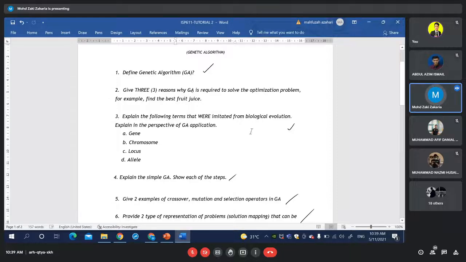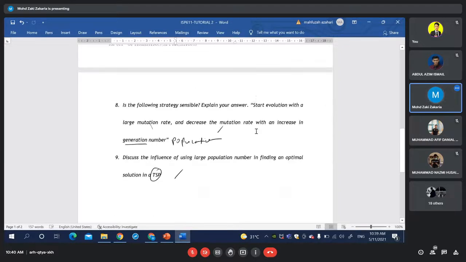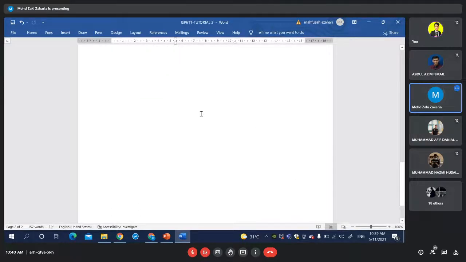But here I want to discuss how to find the best fruit juice using optimization. So for example, we can do like this. Best juice. First variable, we have water. We should put some water to the juice. Then sugar, maybe.